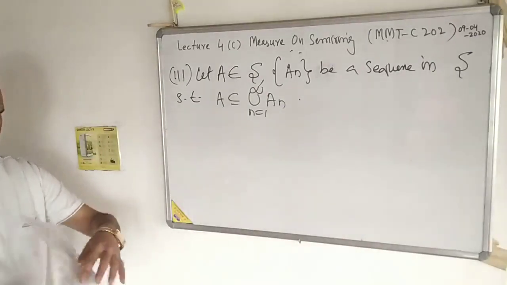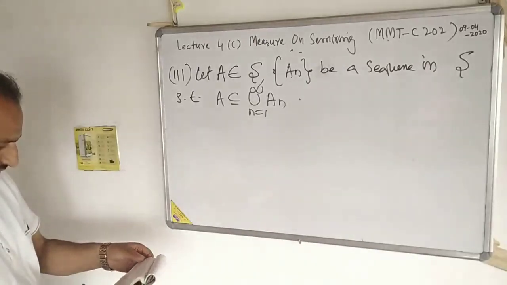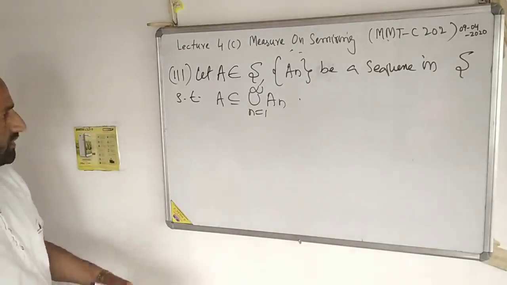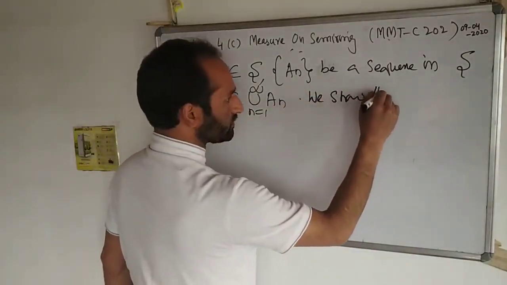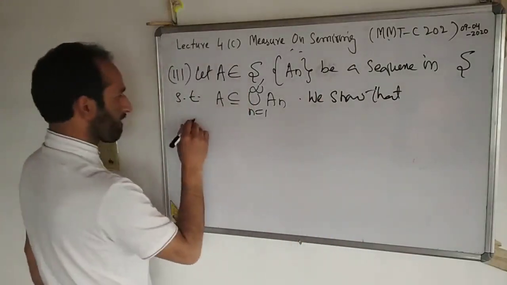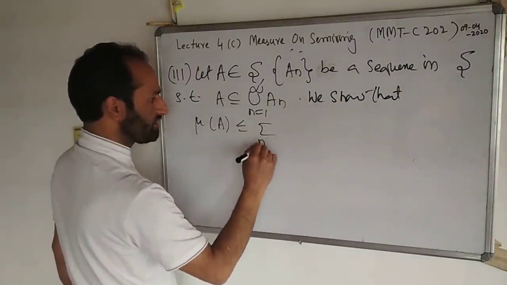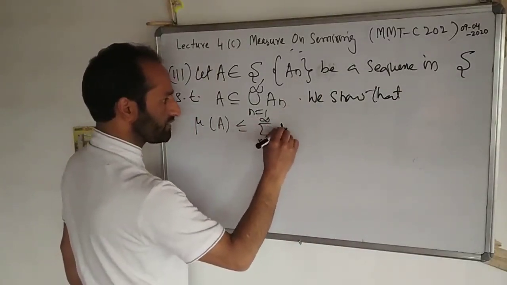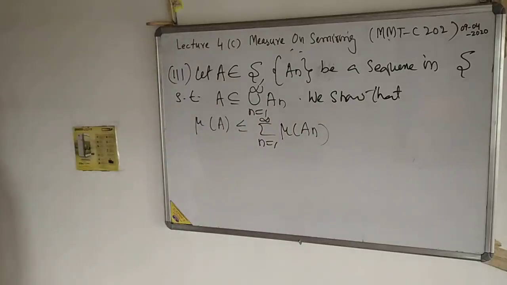We show that mu of A is less or equal to the summation n runs from 1 to infinity of mu of An. This we need to show.